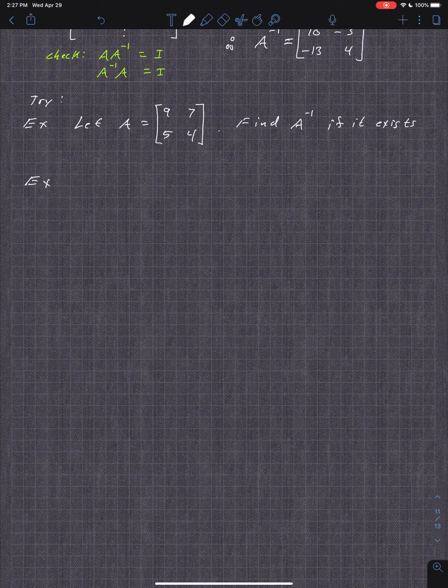Here's the other one. So let A equal, and so this is a 3 by 3. This would take some time to do. Negative 2, oops. So negative 2, 5, negative 4, 1, negative 2, 1, 1, negative 5, 9.